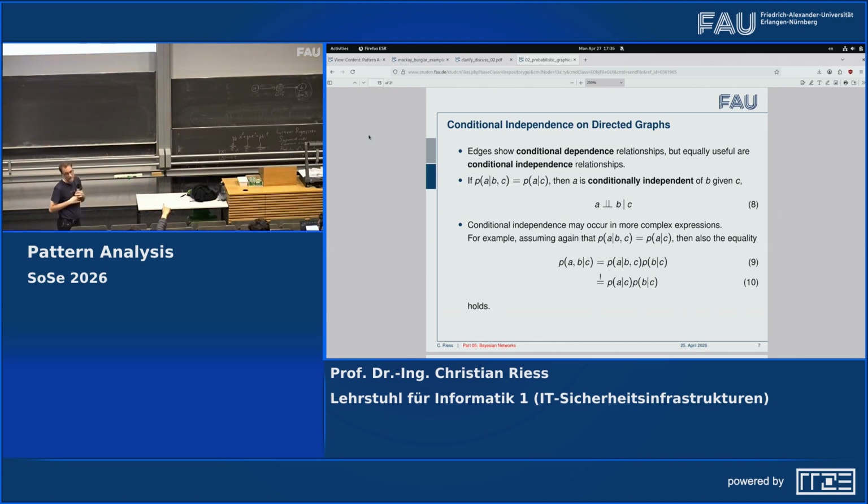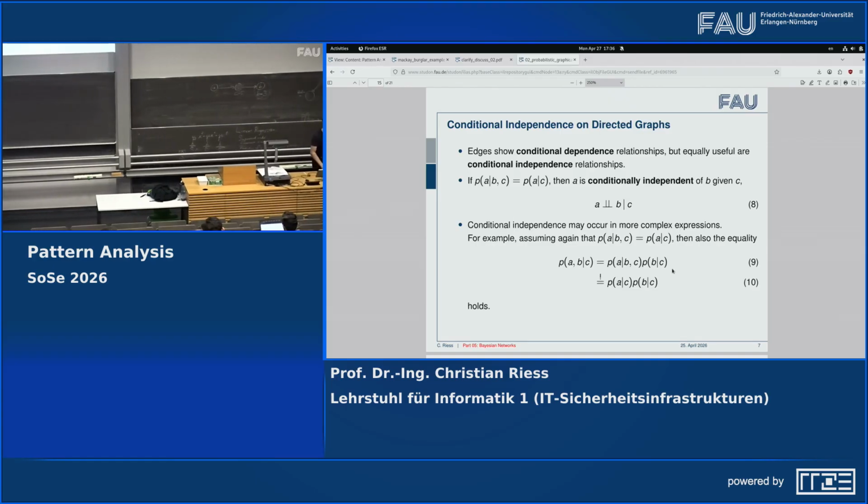Maybe I misspoke there. You mean in equation 9? No, it's the chain rule, right? Did I say product rule?